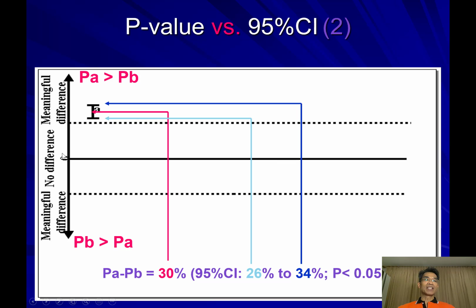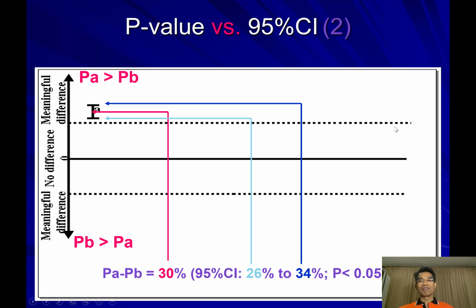If the difference is positive, meaning drug A cures more than drug B, it is in this direction, and the opposite in the other. And the dotted line here is the meaningful level, because in clinical research we really need to have a meaningful level.